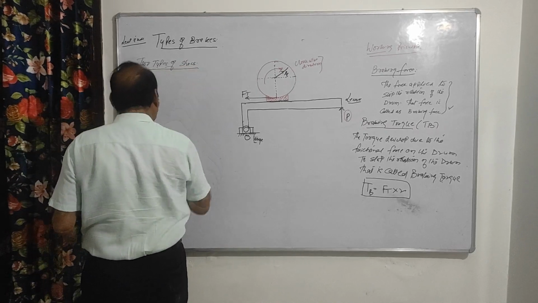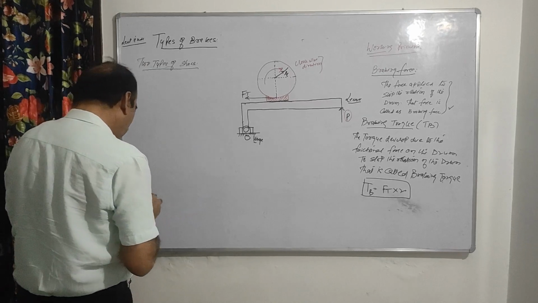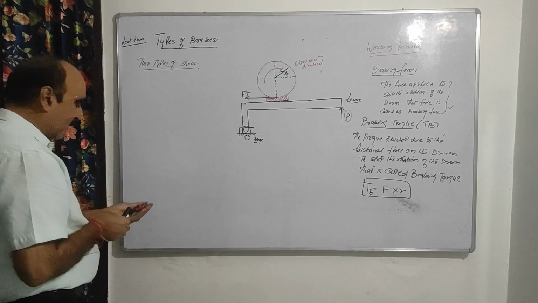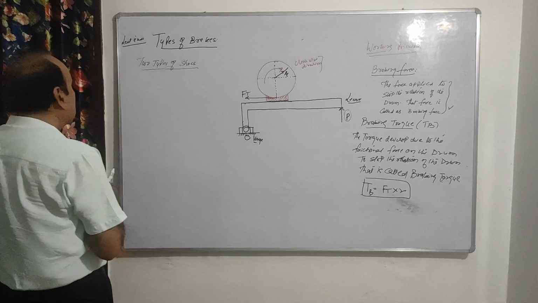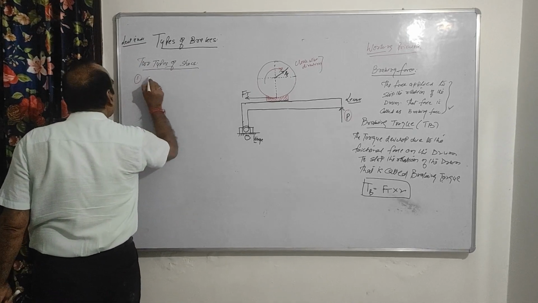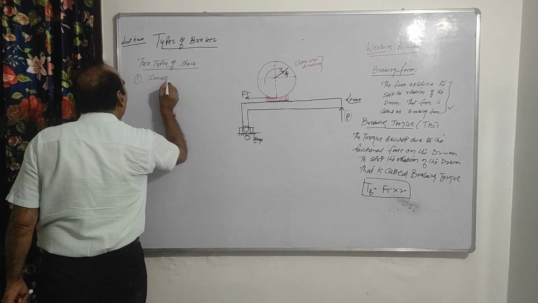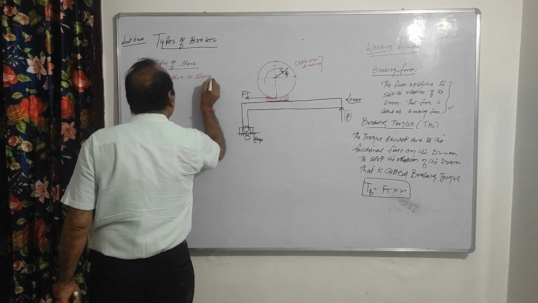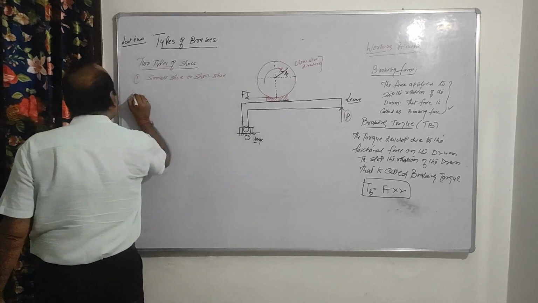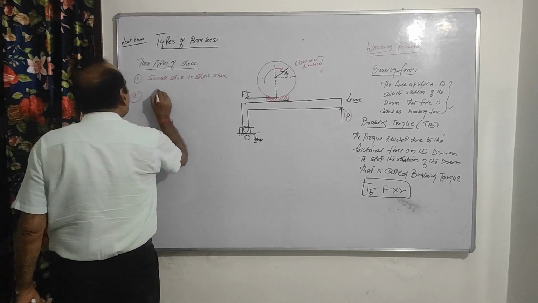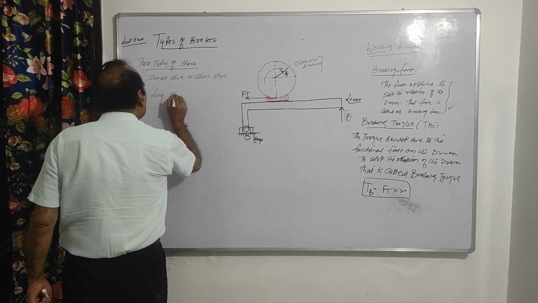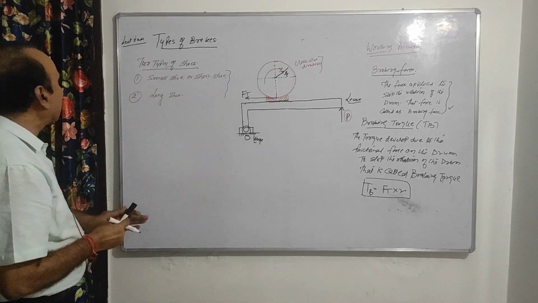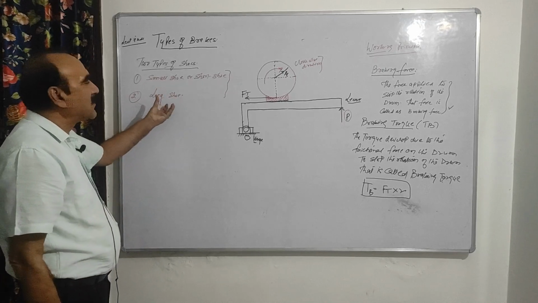One is the short shoe or small shoe, and the other one is the long shoe. As per the names, you can understand one is a small shoe and one is a long shoe.